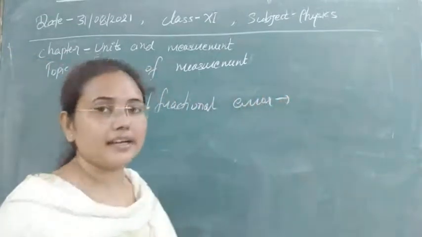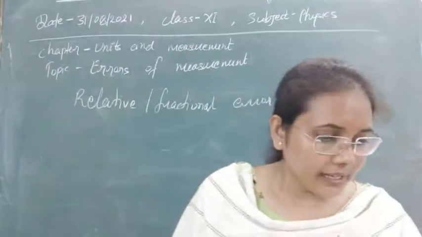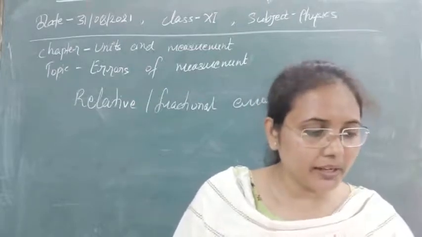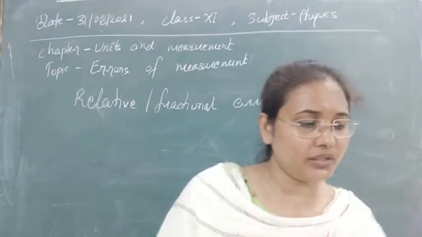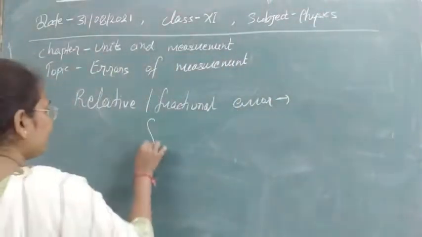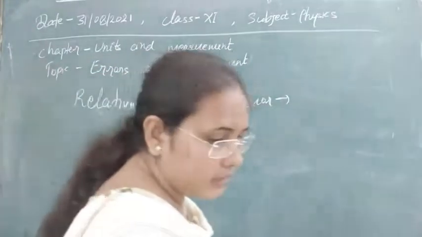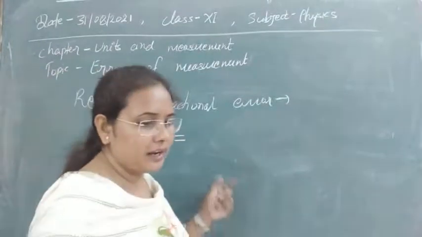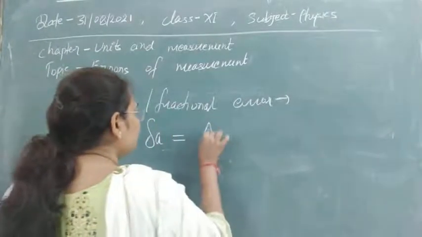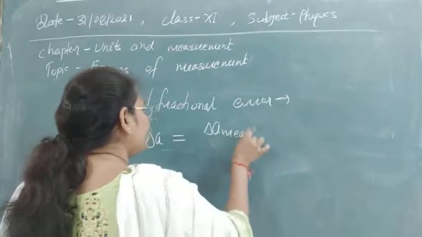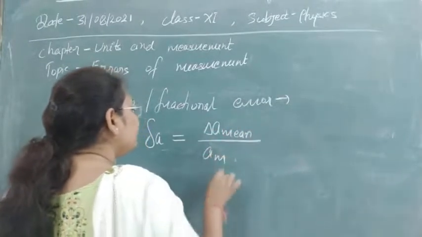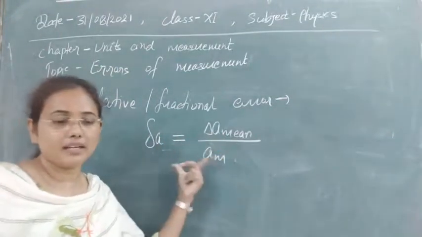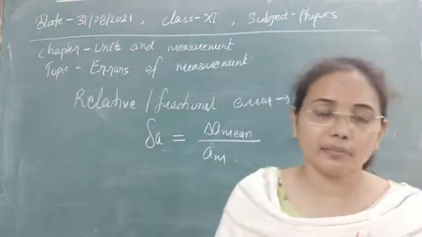The relative or fractional error of a measurement is defined as the ratio of the mean absolute error to the mean value of the quantity measured, and it is denoted by delta A over A. So it is the ratio of delta A mean to A mean, which we have just calculated. You can find the relative or fractional error with this.